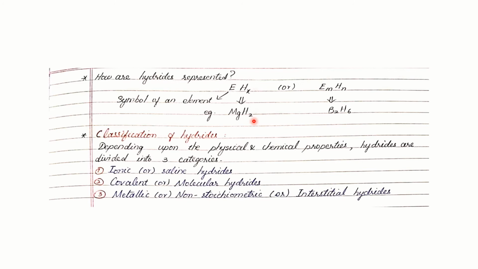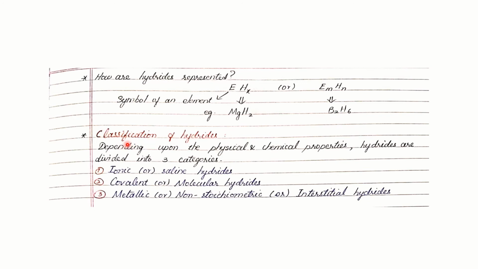Hydrides can also be represented as EmHn. Here E represents symbol of an element and H is hydrogen atom. m stands for the number of atoms of the element and n stands for the number of atoms of hydrogen. An example of a hydride with EmHn representation is B2H6, which is diborane. Clear?